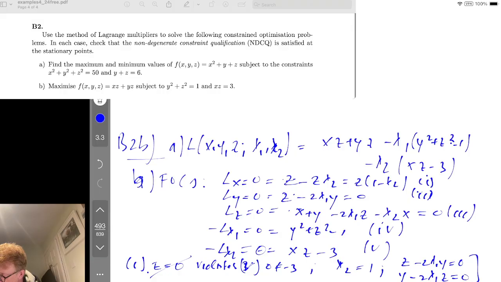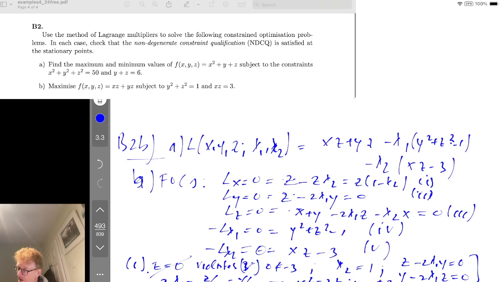We can say 2 lambda 1 is z over y, that's right, but also is y over z, and that gives us y squared is z squared, which gives us y is plus or minus z.